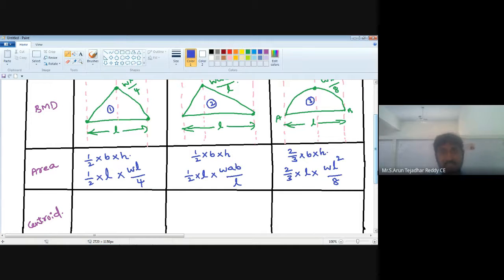Now coming to the centroid. Choose another color, orange. Okay. Now find out the centroid.